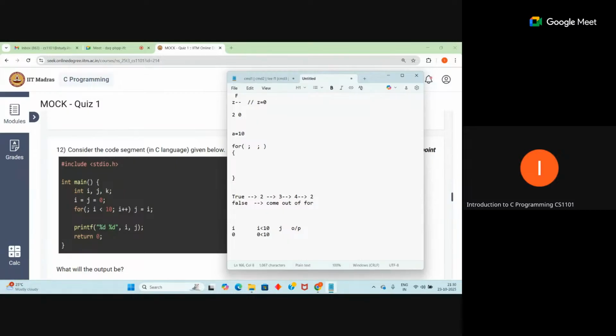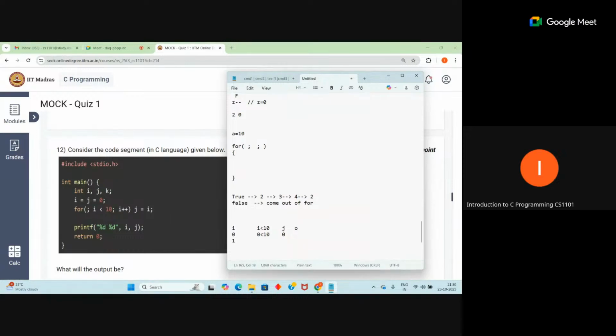So if the condition is true, it will execute the body of the loop. The body is changing the J value: J equal to I. What is the I value? 0. So the J value will become 0. And then it will increment the I value by 1, because the increment part has I plus plus, which means I will be incremented by 1.